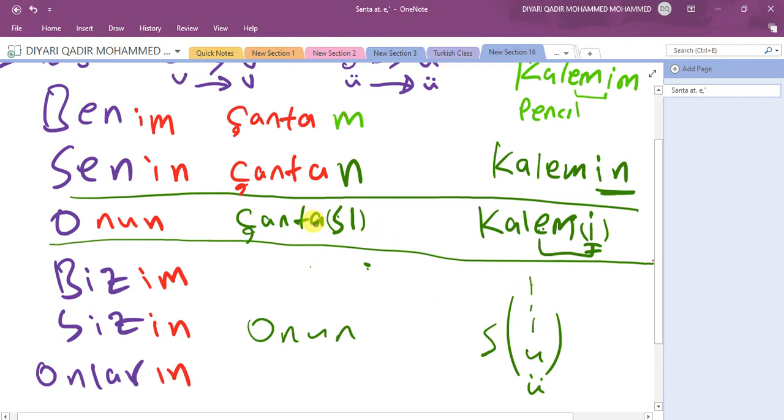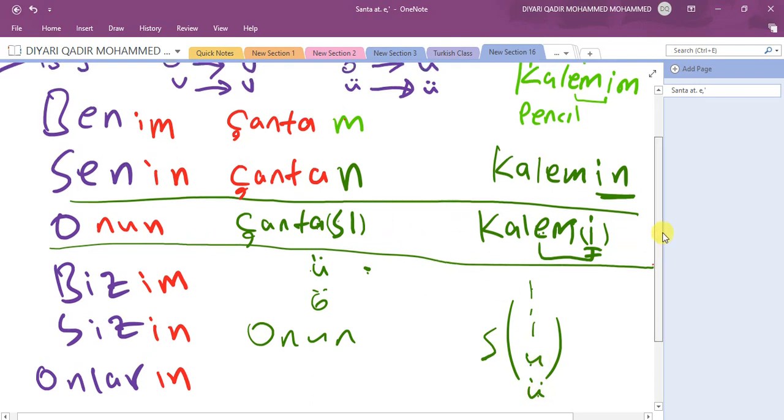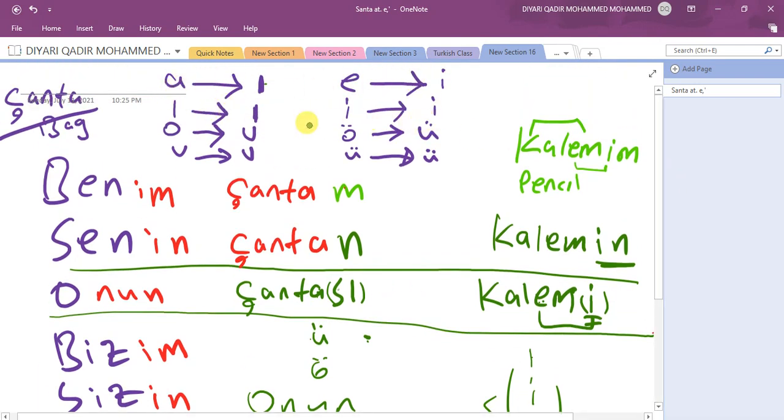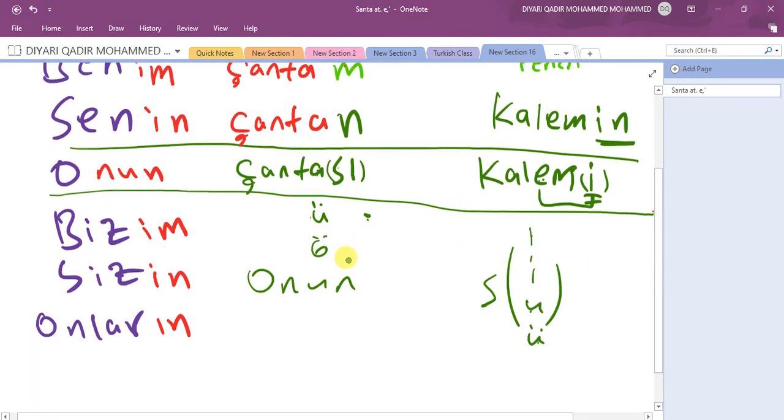If it ends with u, then we use this u. If it ends with ö, we use this ö. Look at the conversion directly. You can get it. Please review this video a lot until you understand what I'm talking about. So we said this is the original. I'll make it simplified later on, but now you have to continue this way.